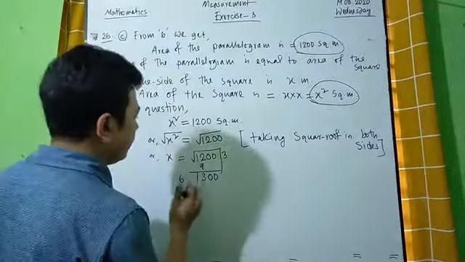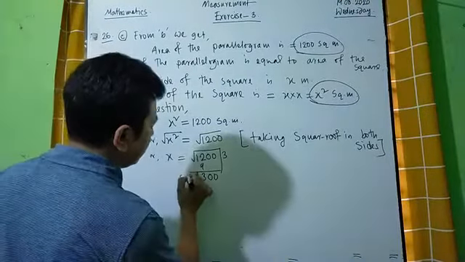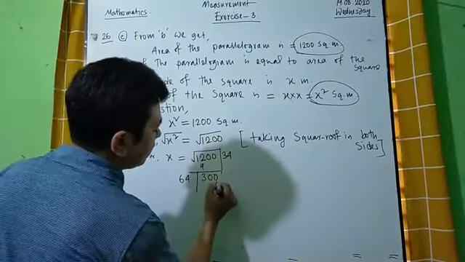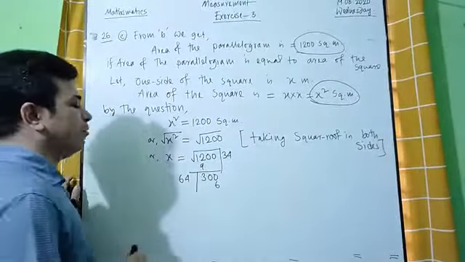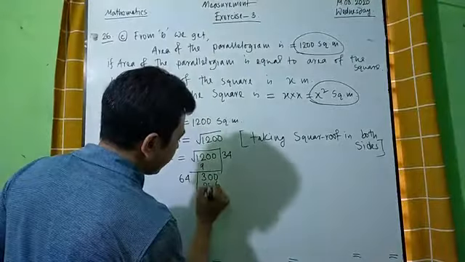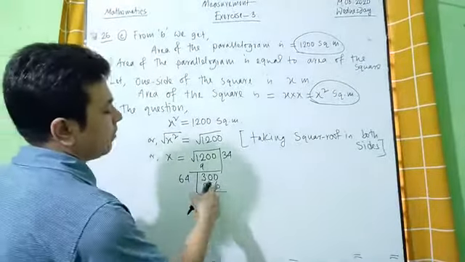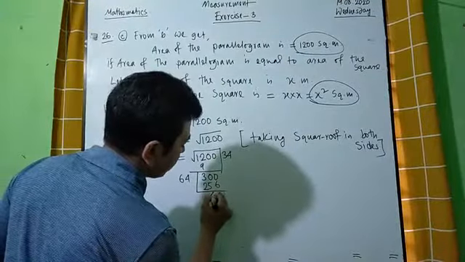So how many times will it go? I think 4 it is. So if we put here 4 times 4 is 16, we have 1. 4 times 6 is 24, plus 1 is 25. So it is 0, 6, it is 4, 9 minus 5 it is 4.